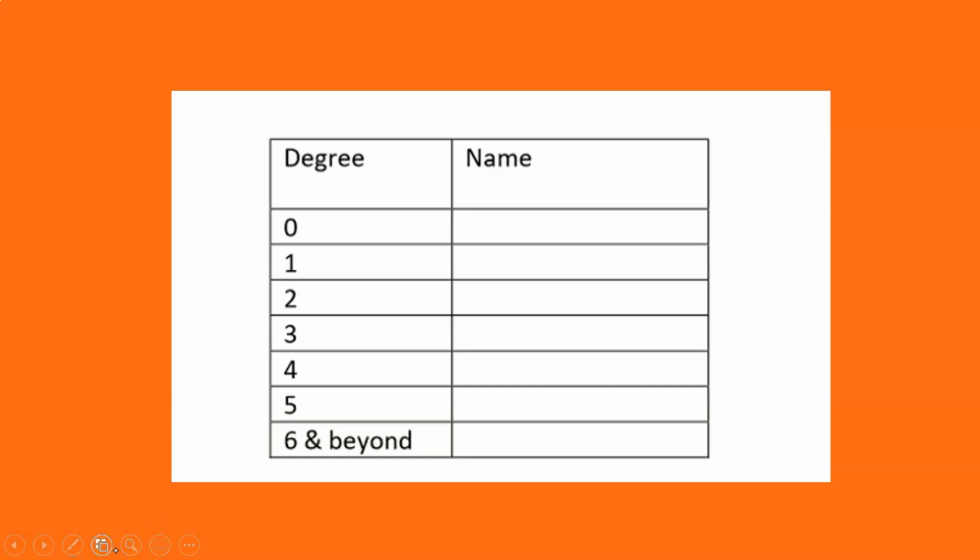If your polynomial has a degree of 0, it's called a constant. If your polynomial has a degree of 1, it's classified as linear. If a polynomial has a degree of 2, it's classified as quadratic.